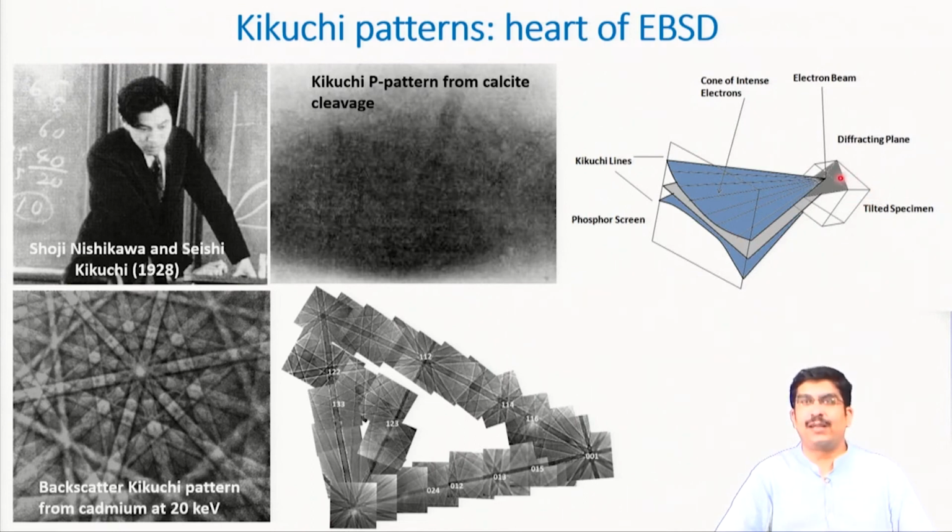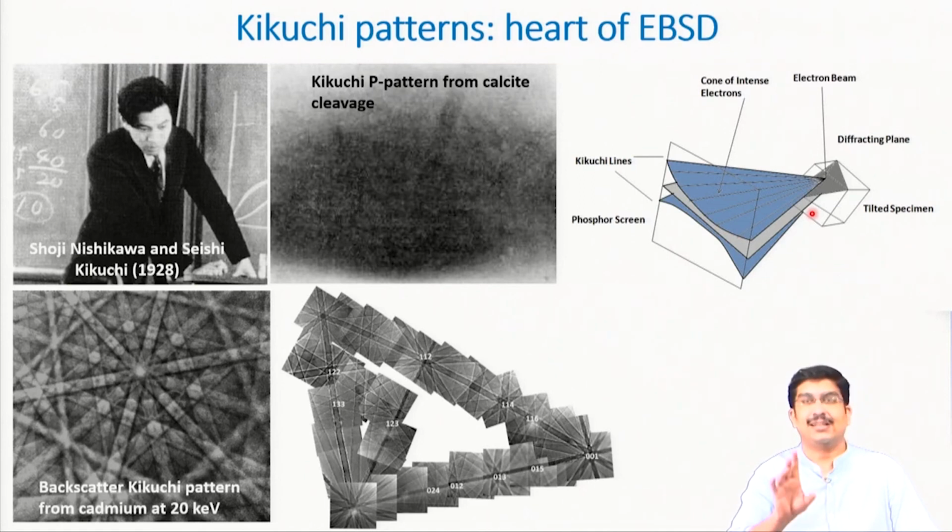When an electron beam hits a specimen in a scanning electron microscope, it generates backscattered electrons, and the speciality of backscattered electrons is that they are elastically scattered electrons. That means they have a definite wavelength, and if the source does not have a definite, fixed wavelength, it will not be useful for diffraction experiments.